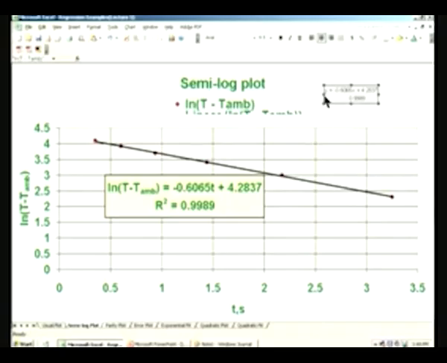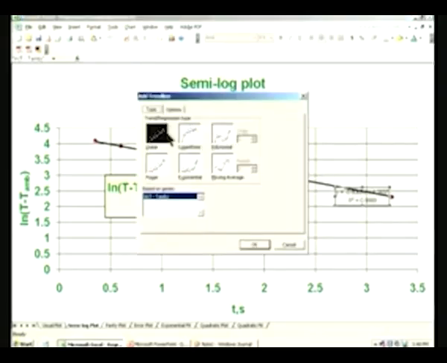This is the equation. So I will make it slightly bigger so that you can see it better. So that is the equation. In fact, that is the one I have brought here already. So what I will do is go back and undo what I did, so that the trend line option is not there.